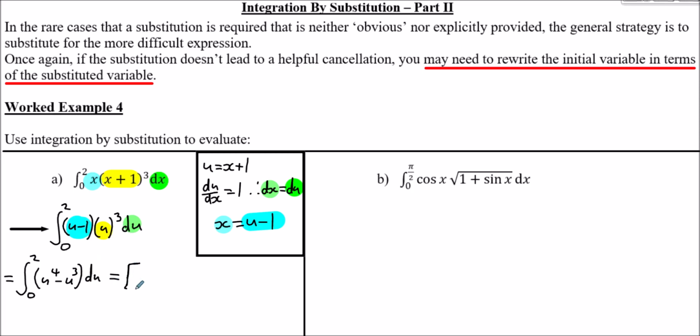So we can now integrate this. So u to the power 4 would integrate to 1/5 u to the power 5. Minus u cubed would go to 1/4 u to the power 4. In between the limits of x being 2 and 0.